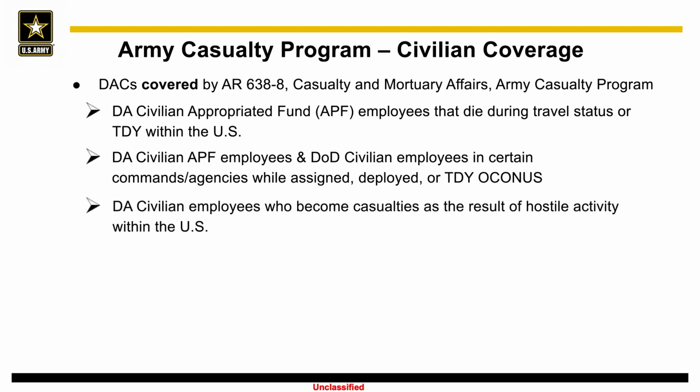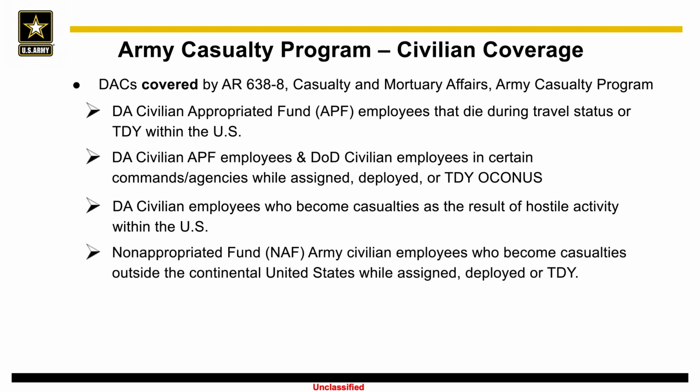Army civilian employees who become casualties as the result of hostile activity within the United States. 4. Non-appropriated fund, or NAF, Army civilian employees who become casualties outside the continental United States or while in transit to or from the U.S.